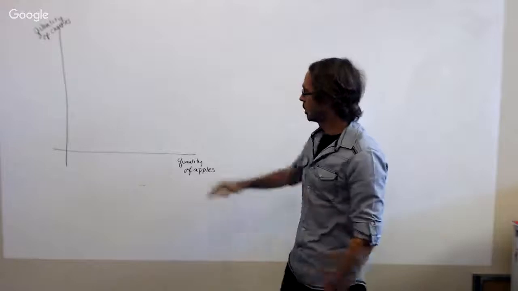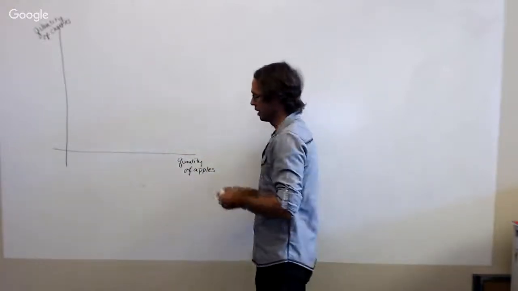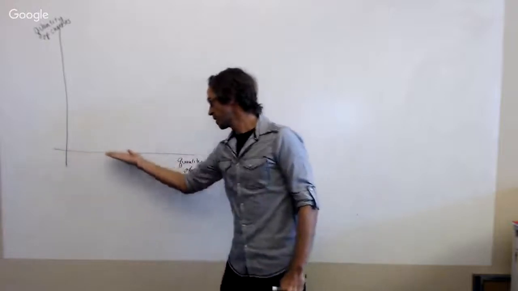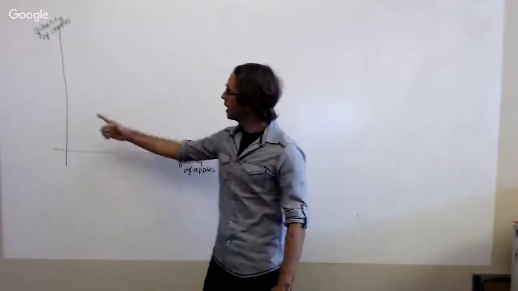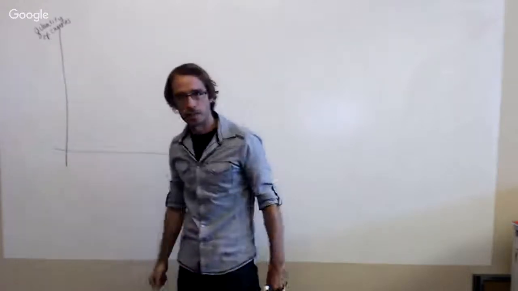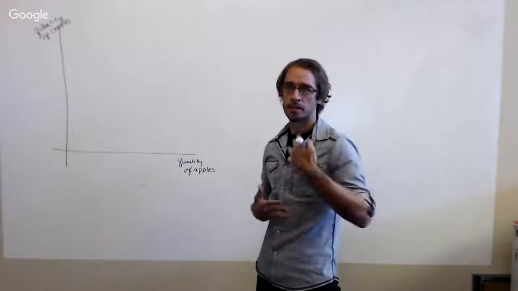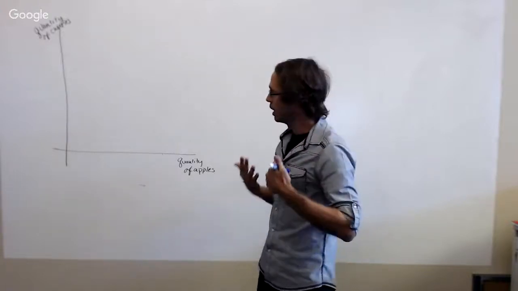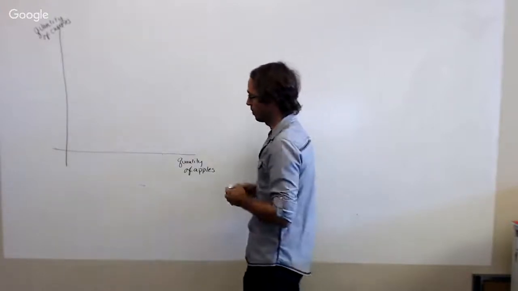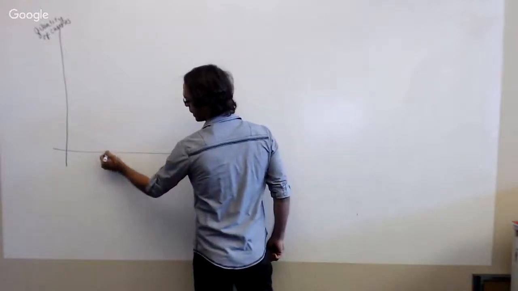When you look at this graph, you have to notice that it has on the x-axis the quantity of apples, and on the y-axis, today we're going to use the quantity of cherries. If a person goes to the supermarket and decides to buy a certain amount of apples and a certain amount of cherries, it's going to show up like this.